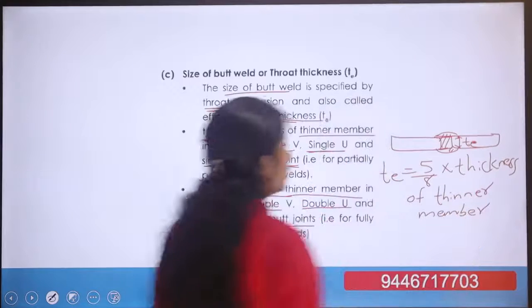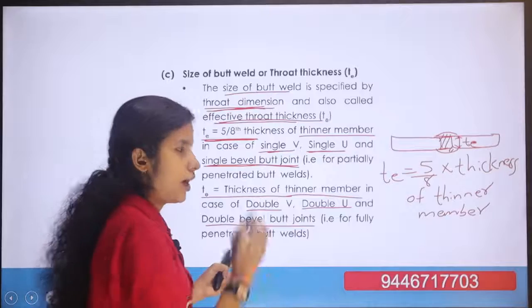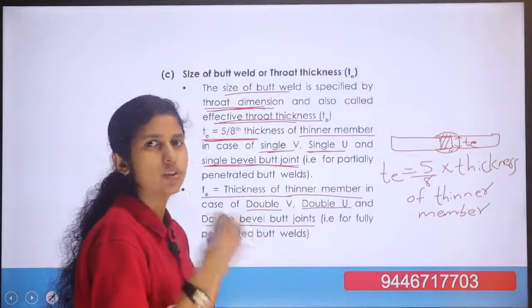So in the first case, TE is equal to 5 by 8 into the thickness of the thinner member.